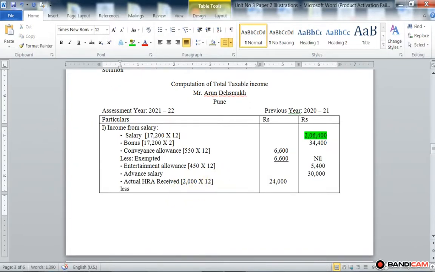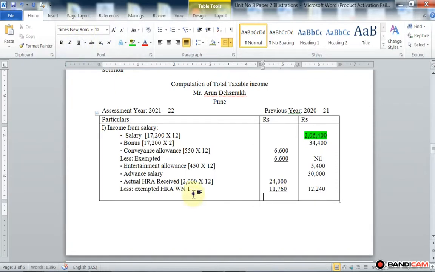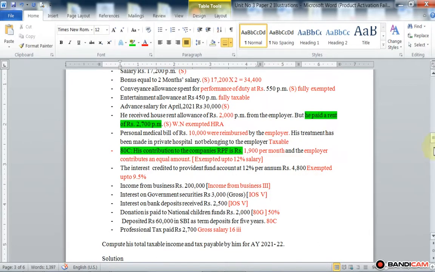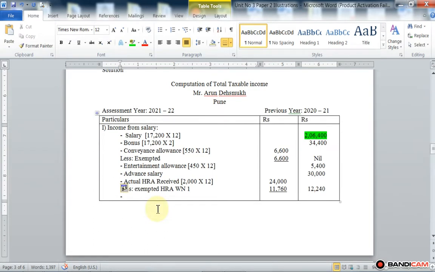Okay, less exemption or exempted HRA working note one, that is 11,760. Remaining balance is taxable, that is 12,240 is the taxable amount of HRA. Then next, medical bill reimbursed by employer, so it is fully taxable, amounting to rupees 10,000.